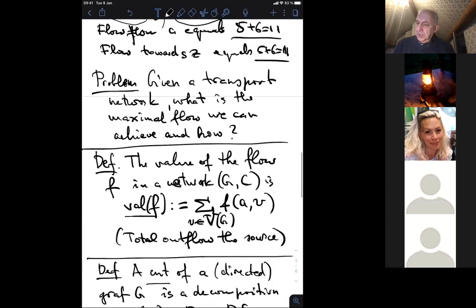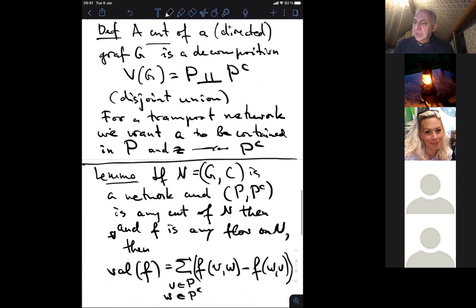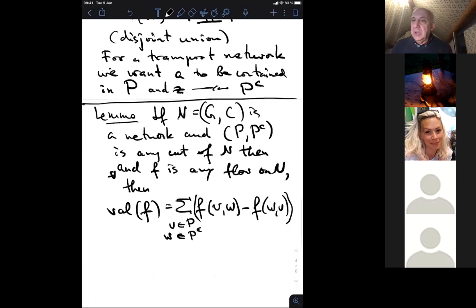But I'm saying in this lemma that it doesn't matter which cut you take, as long as P contains A and P complement contains Z. So you can calculate the value of the flow by taking what flows from P to P complement with a plus and what flows backwards with a minus sign. You'll get exactly the same number.